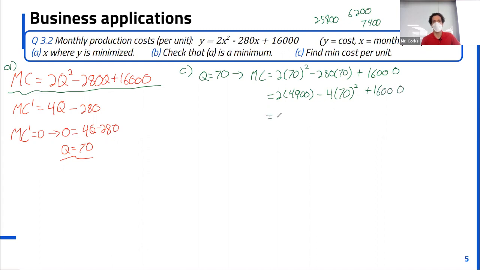So really, we just have negative 2 times 70 squared, 4,900, plus 16,000. So negative 9,800 plus 16,000. 7,200.